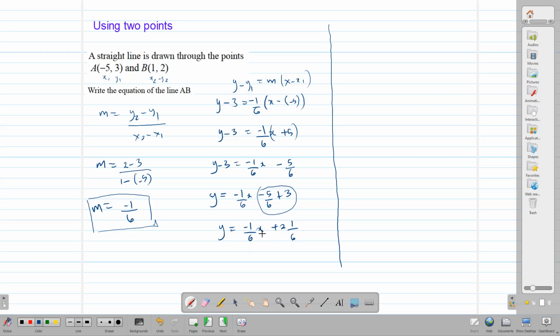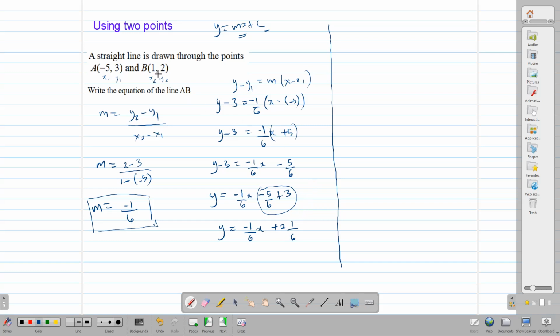So this becomes the equation of your straight line in the form y = mx + c, where m is the gradient and c is the y-intercept. So our gradient is -1/6, and our y-intercept is 2 1/6.